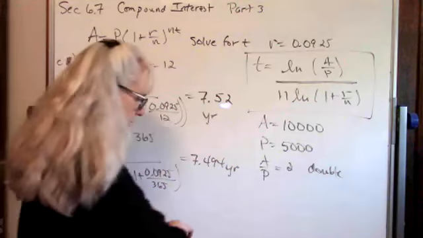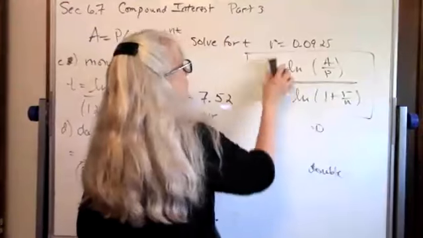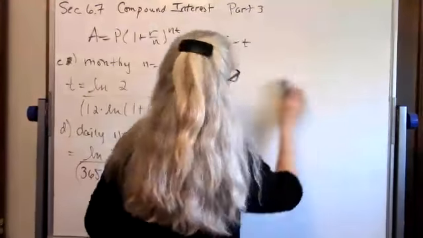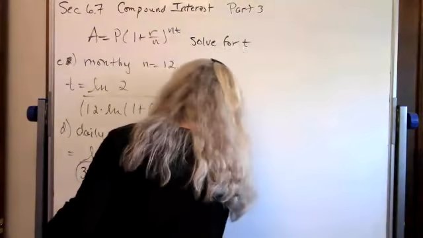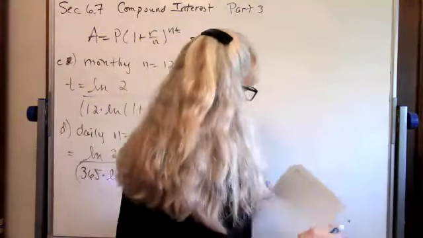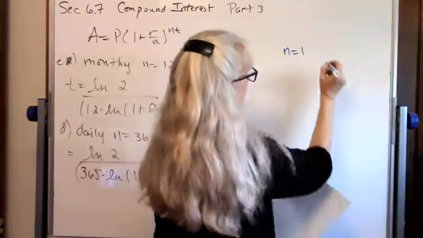I'm done with the formula because the next part's different. So let's summarize where we're at so far. So far, this is what we know. Yes, switch to a marker that I think is a little bit stronger. So when we did n equals 1, that was the annually, we ended up with 7.83 years.